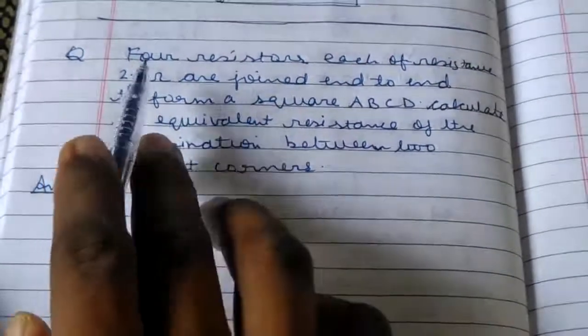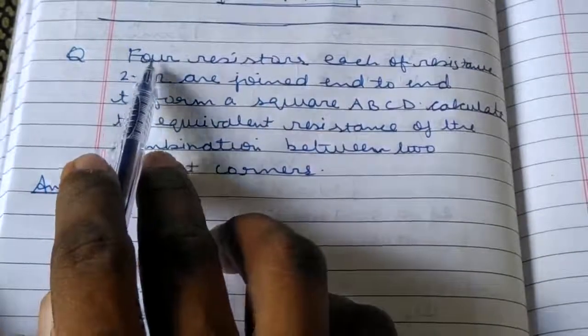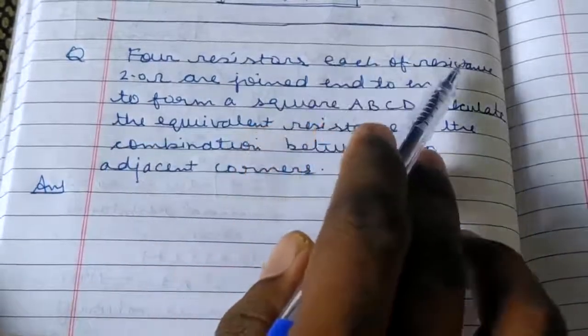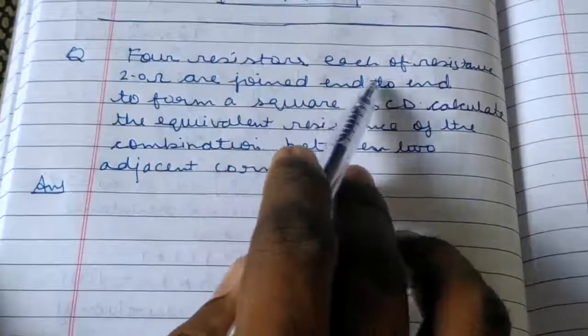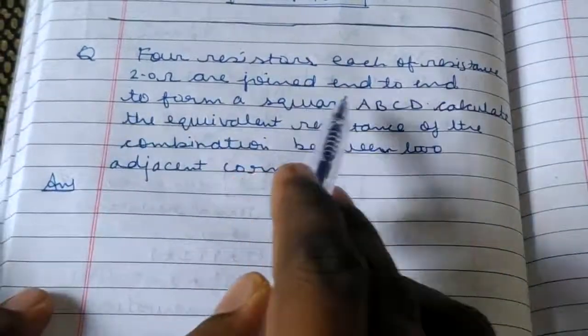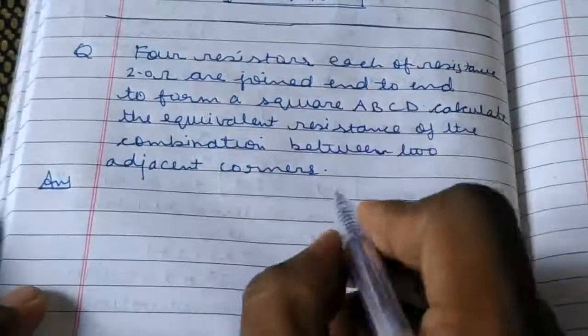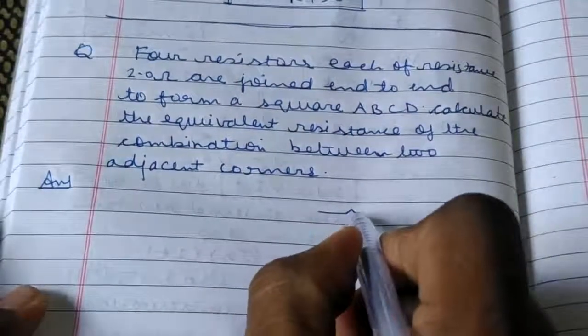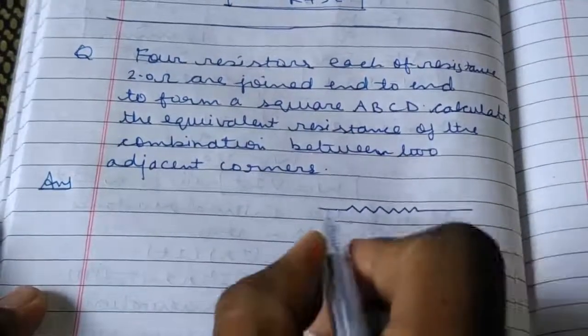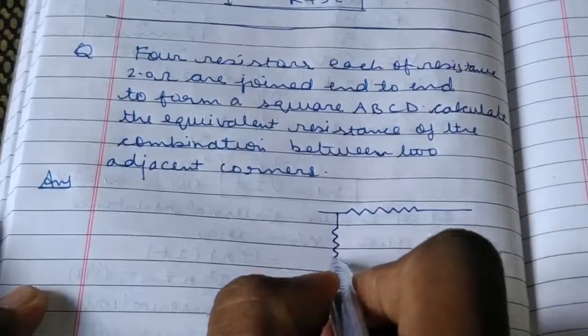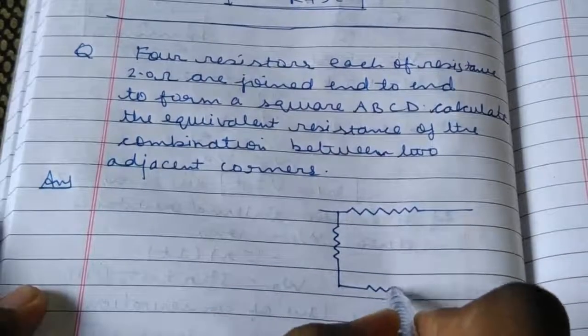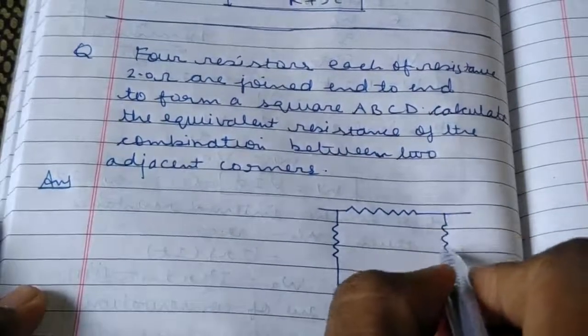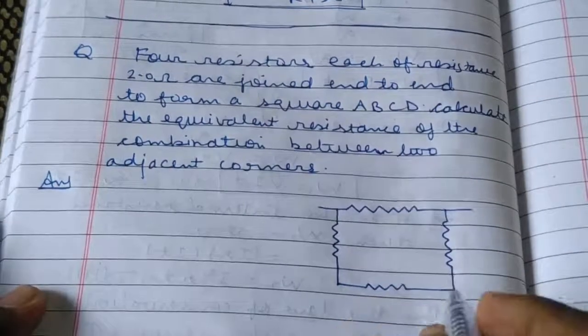This is a numerical. What is given in this numerical problem? 4 resistors, each of resistance 2 ohm are joined end to end to form a square ABCD. First, plot the diagram. This is one of the resistance, second, third, here fourth one.